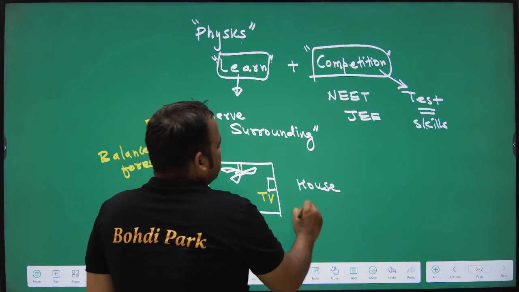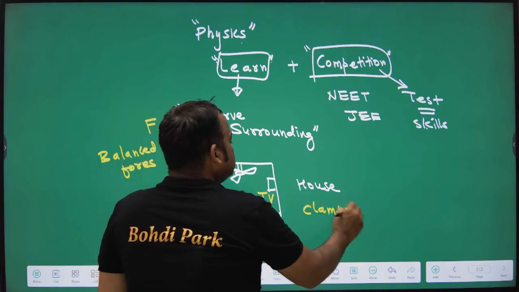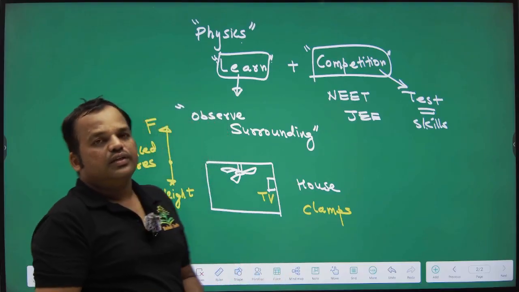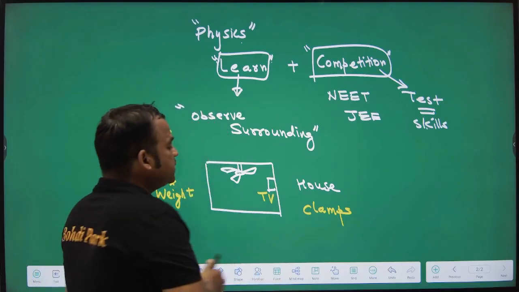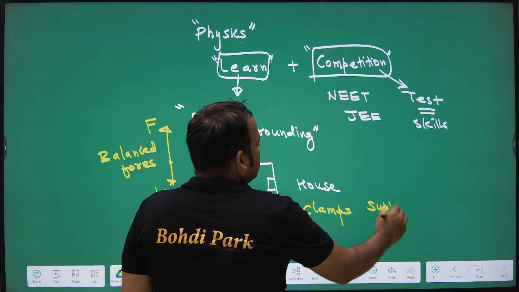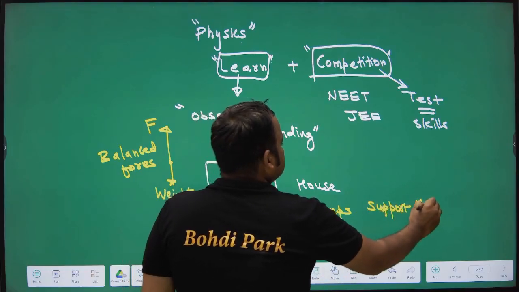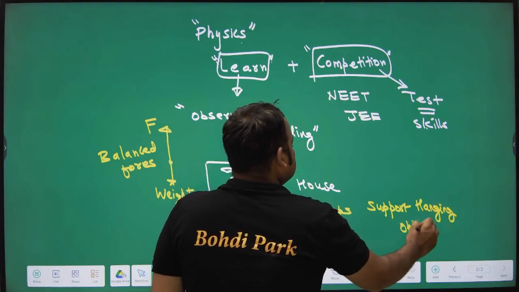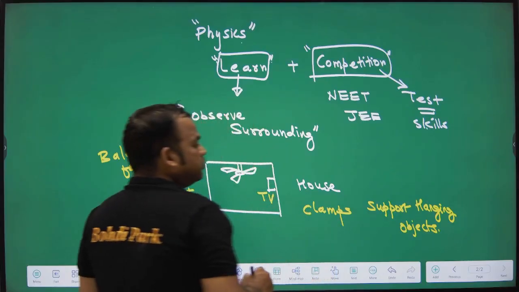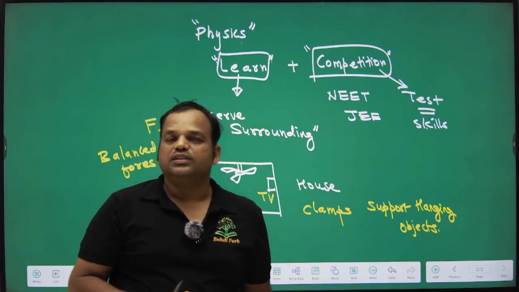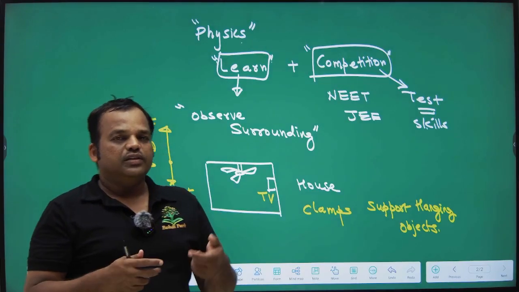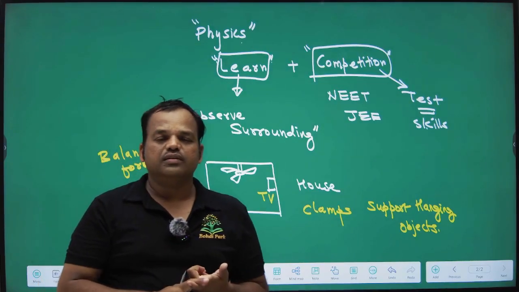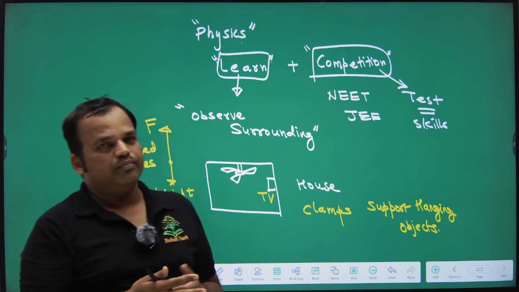Clamps are there. They support the hanging objects. Clamps support hanging objects. Anything which is hanging must be supported by something. That something is known as a clamp.